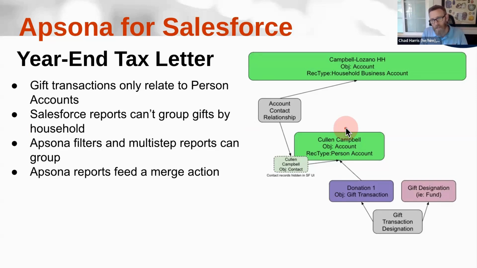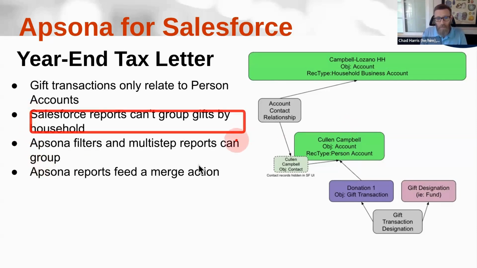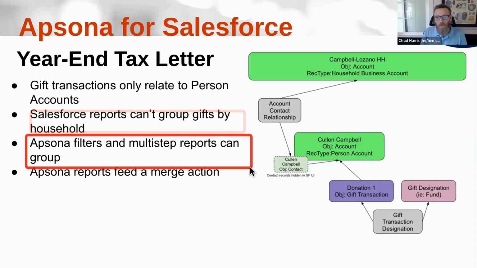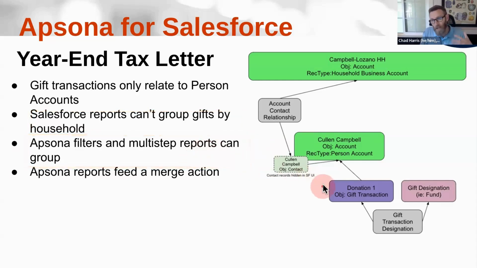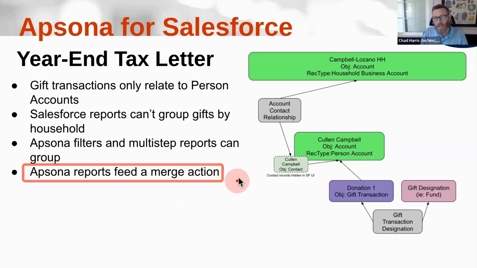If anybody does understand how to do that with out-of-the-box Salesforce reports, I'd love to hear from you. Because of that limitation, using Apsona filters and multi-step reports can allow us to group donations under households, and then those reports can be used to feed a merge action that generates these year-end tax letters.